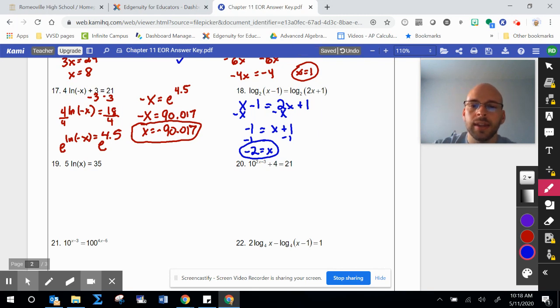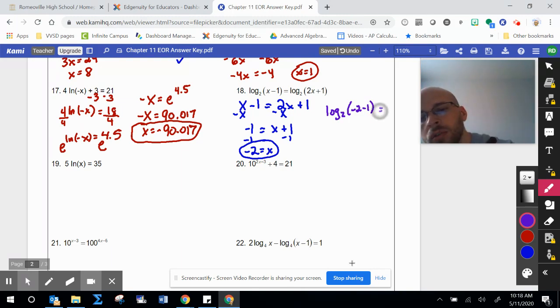Now, when I check this answer, here's something I want you to see. If I check this, I have the log base 2 of negative 2 minus 1 equals the log base 2 of 2 times negative 2, sorry, I ran out of room here, plus 1. I'm going to get the log base 2 of negative 3 equals the log base 2 of negative 3.